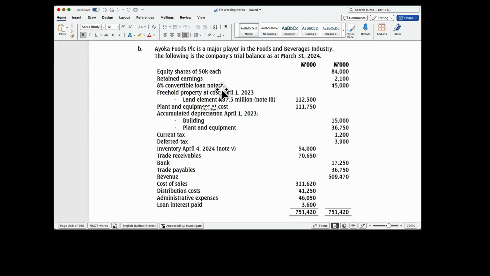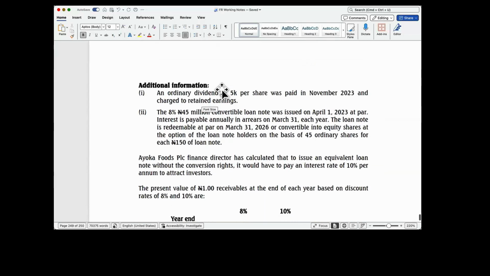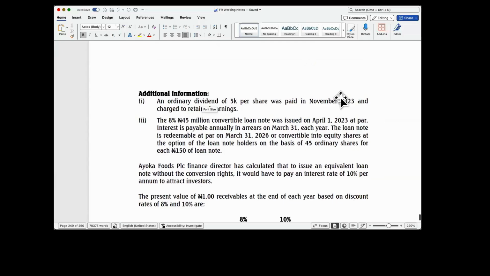What I want to see here is my retained earnings at the beginning of the year, which is April 1st, 2023. But since they have charged dividend to these retained earnings, it means this retained earnings here is as at November 2023.